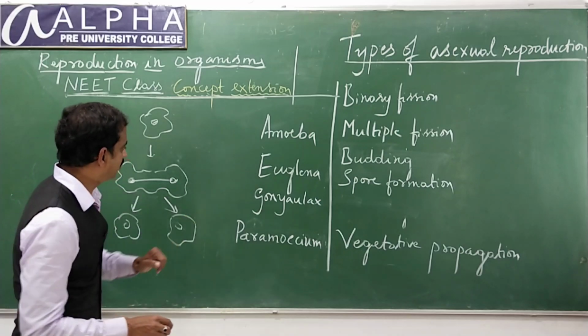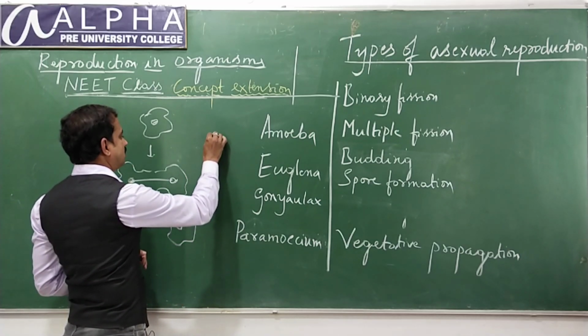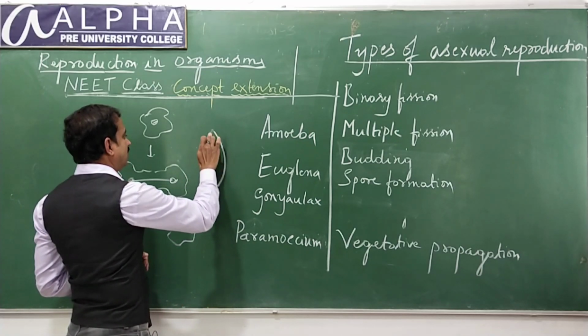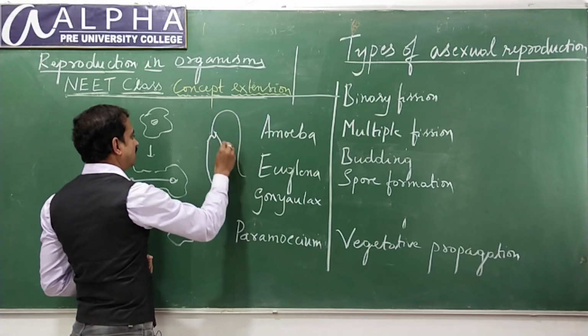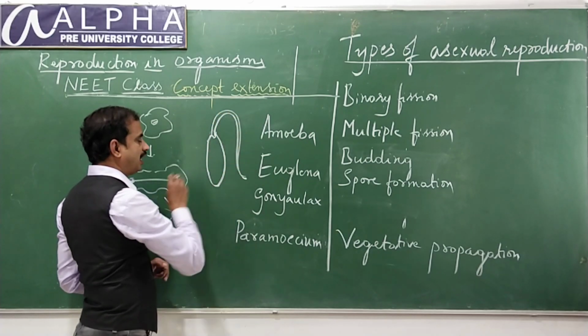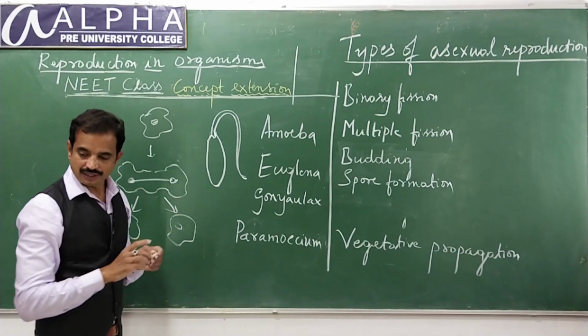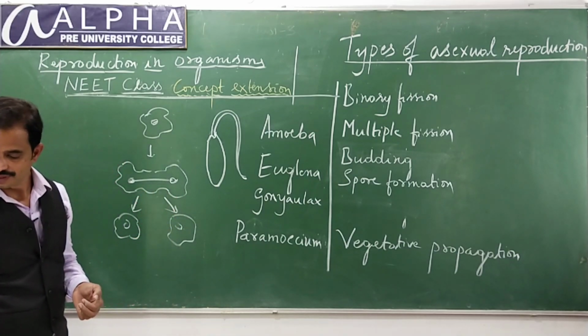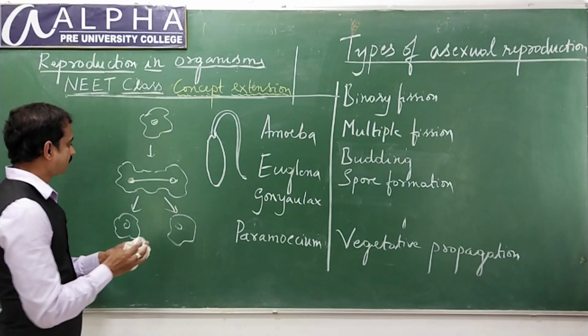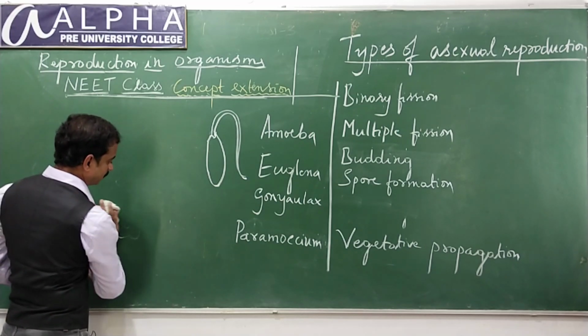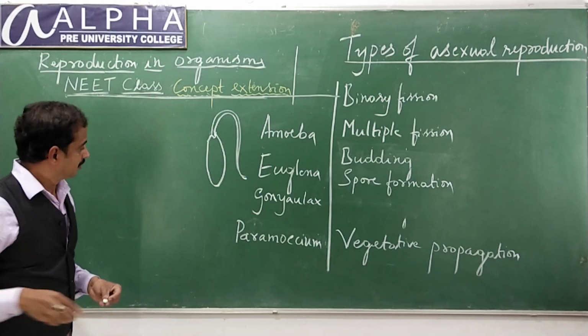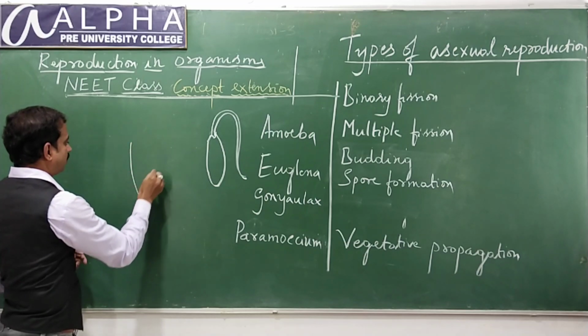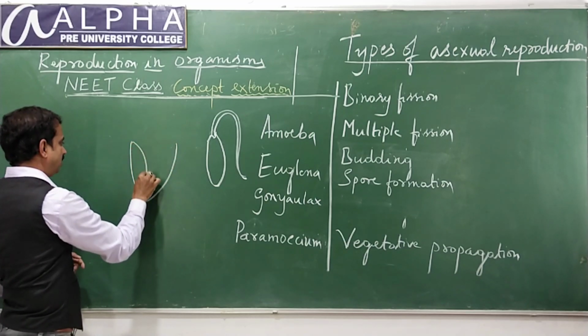Whereas in case of euglena, you know this, I do write a simple diagram of the euglena. It's a flagellated organism. In case of euglena, there occurs a longitudinal binary fission, right?